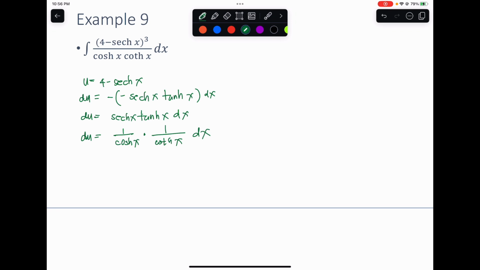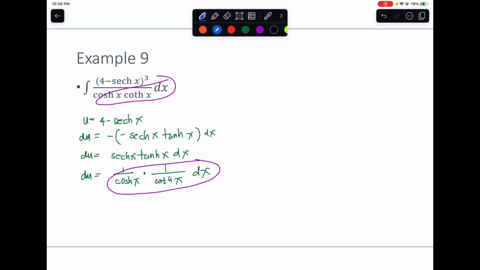And as you can see here, this one is the same as this. Once we transform that, it is similar to 4 minus secant, that is u cubed, and then we have dx over cosine and cotangent, which makes it du.